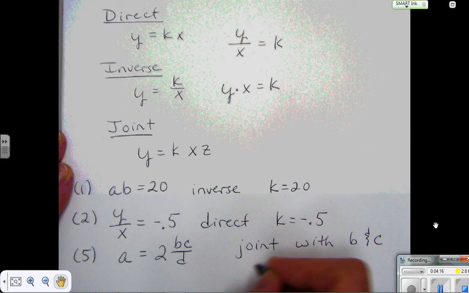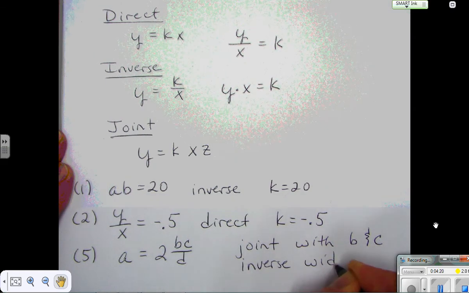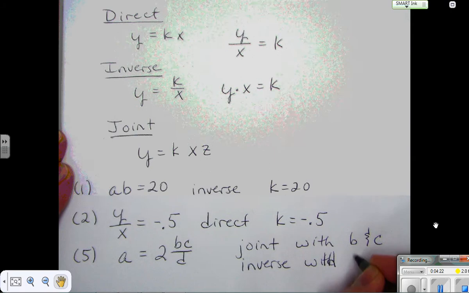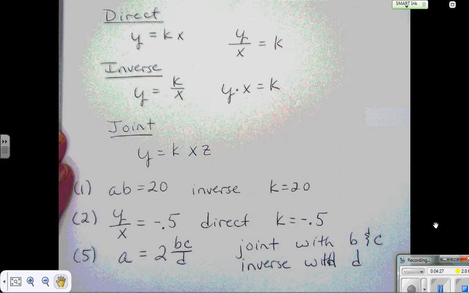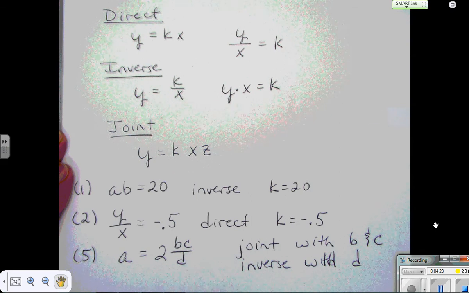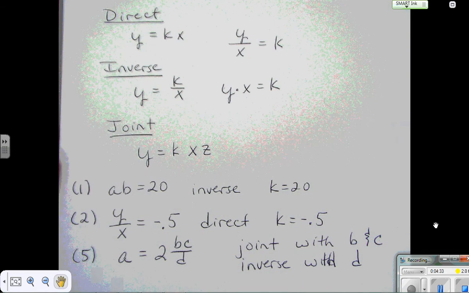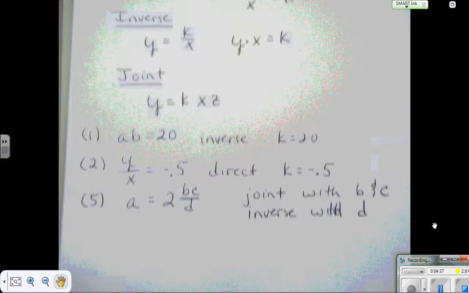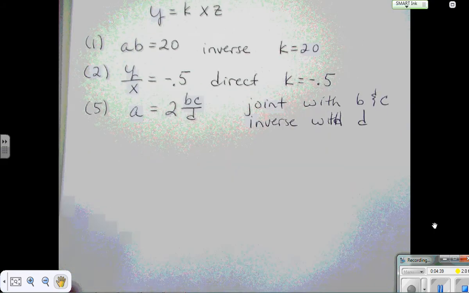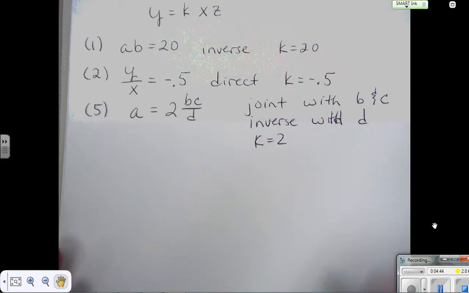So inverse with d. Okay, any questions? I'll scoot that up a little bit so you can see it. And then your constant, of course, is going to be 2. So the k is 2.